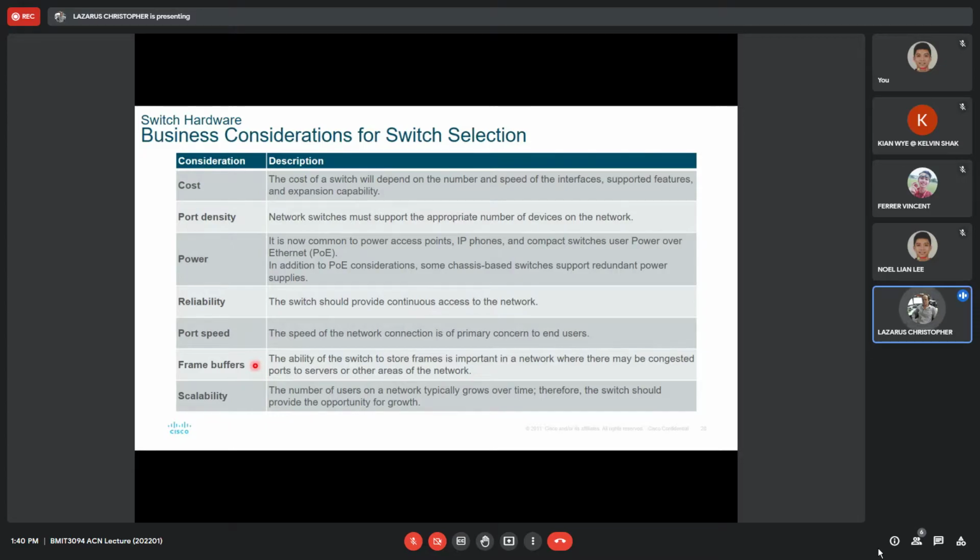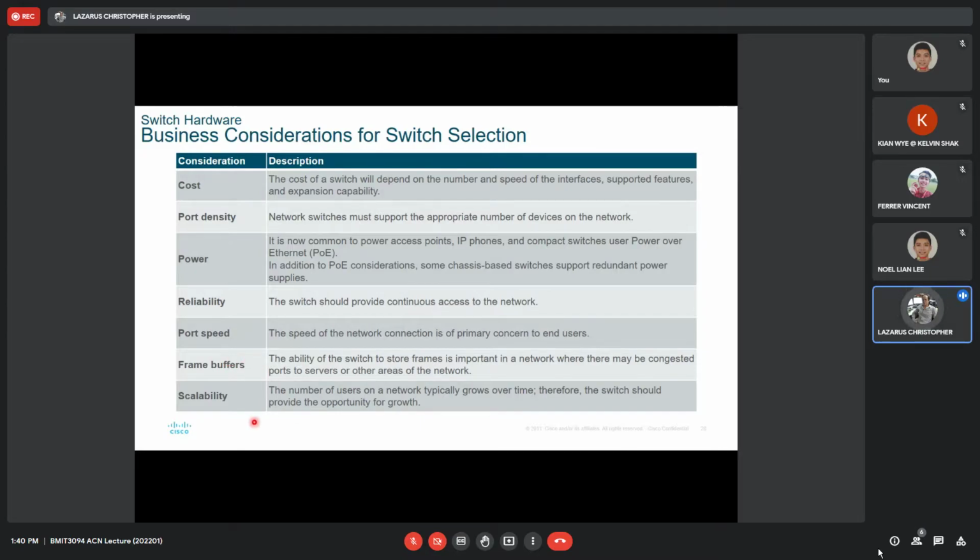If you are using very high quality network cable, maybe even STP, shielded twisted pair, you're less concerned about corruption in the frames. There's very little possibility of it happening. So you might consider a switch that doesn't need a lot of frame buffers, because you're going to forward as soon as you get the frame.